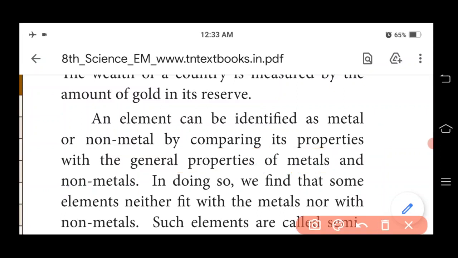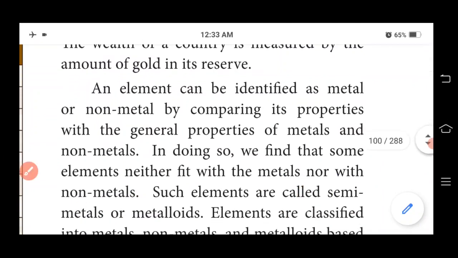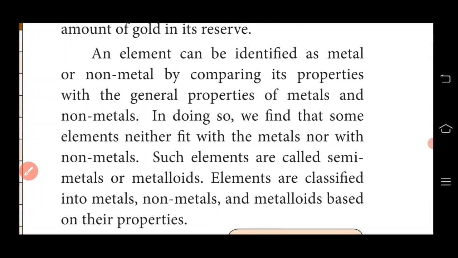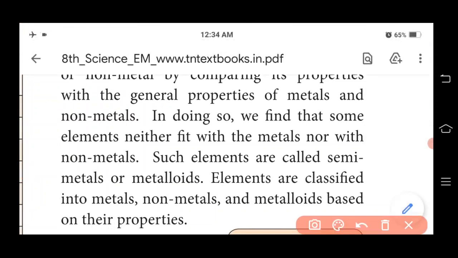In doing so, we find that some elements neither fit with the metals nor with the non-metals, and such elements are termed metalloids or semi-metals.